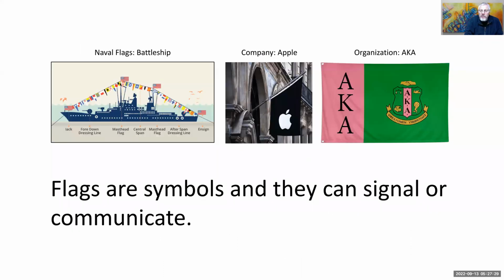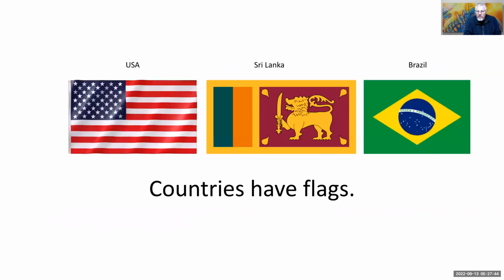So flags are symbols, which means that they stand for something. They can be for an organization, they can be for a company, they can be on battleships. Countries have flags. We have the USA, Sri Lanka, and Brazil's flags, and they all stand for something.